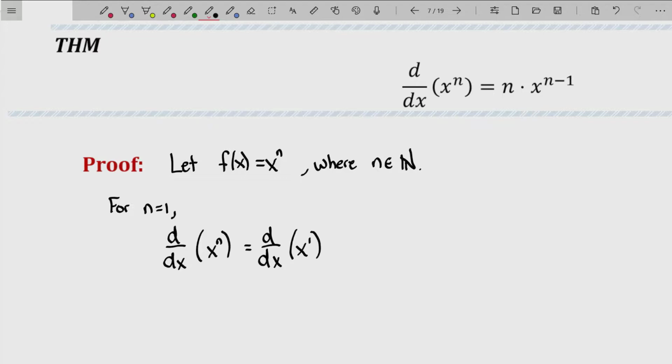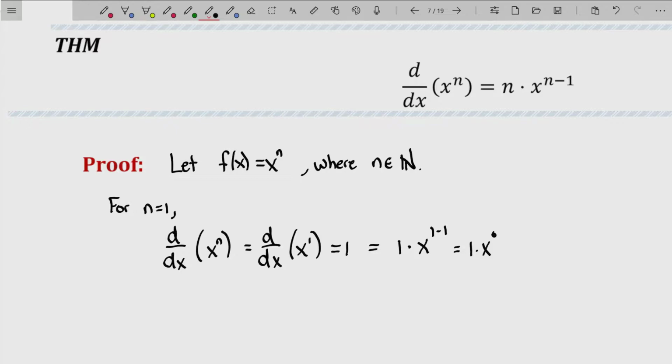But we've just proven on a previous page somewhere that this is going to be 1. And by the way, that is actually n. Remember, we're assuming n is equal to 1 here. That is actually 1 times x to the 1 minus 1, or 1 times x to the 0th. So the claim is at least true for the first domino.